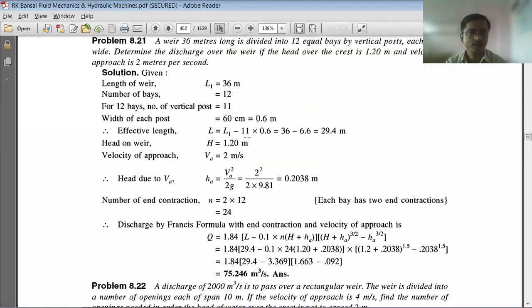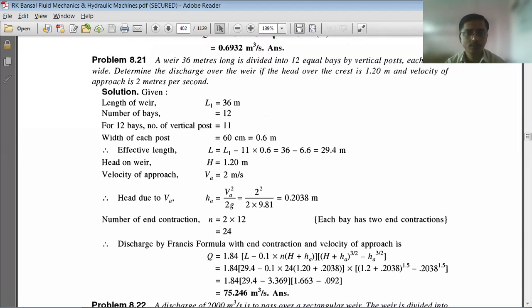Now here we will move toward the new point here, next new point. Shall we move now toward the next new point? I think everyone has got the answer or do the calculation. Write on the answer 75.246.